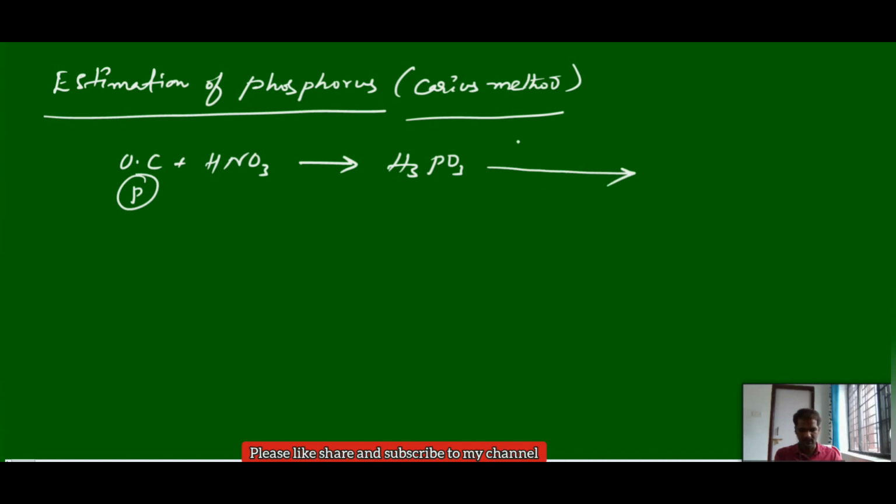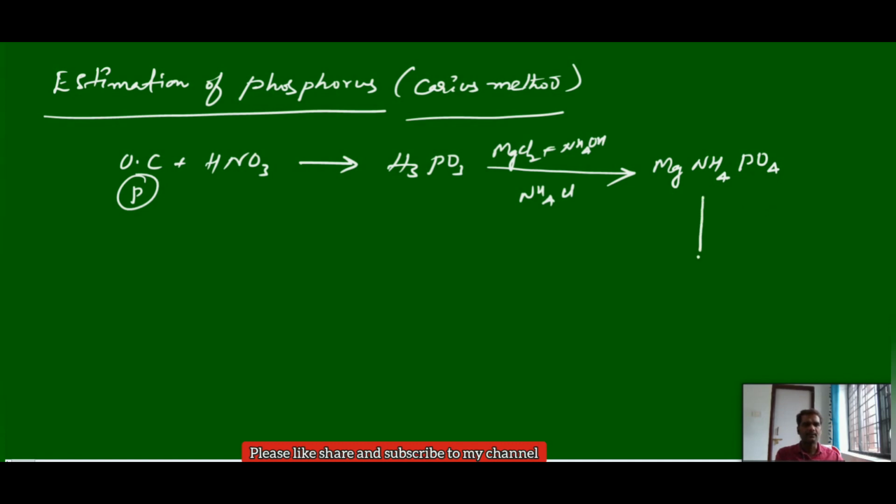We can take a mixture of magnesium chloride, ammonium hydroxide and ammonium chloride. You treat the phosphoric acid with this mixture, you will end up with magnesium ammonium phosphate.